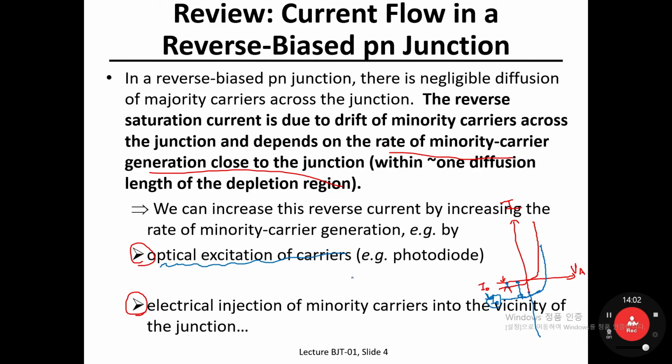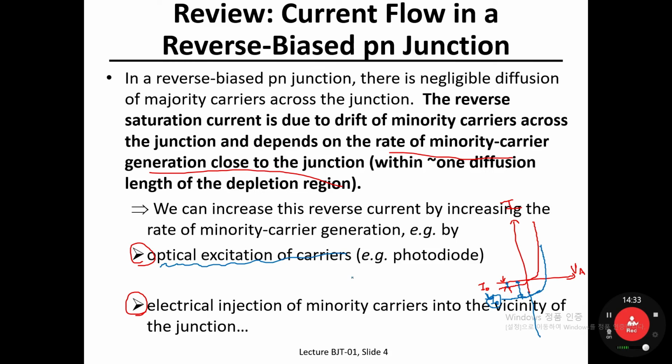How to do that? If you inject photons into the p-n junction diode, that photon is a packet of energy. So those energies can be absorbed into the p-n junction diode, and electron hole pairs are created here and there throughout the p-n junction diode.